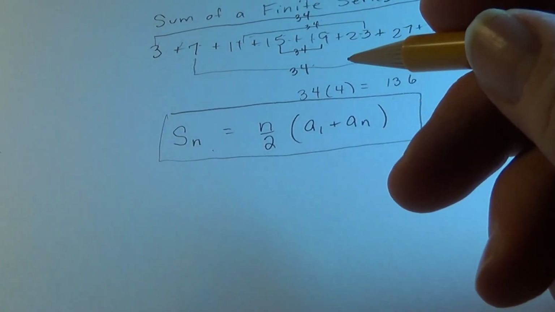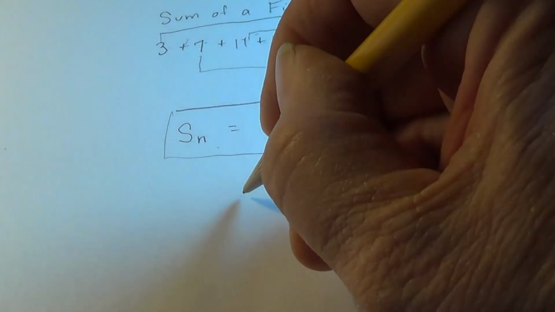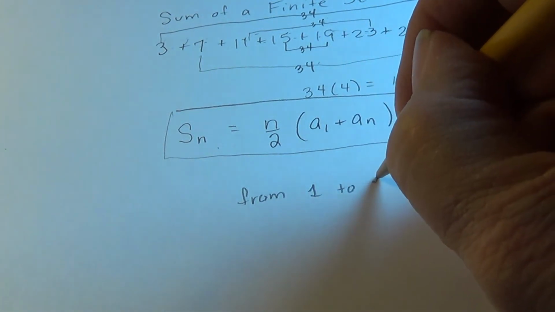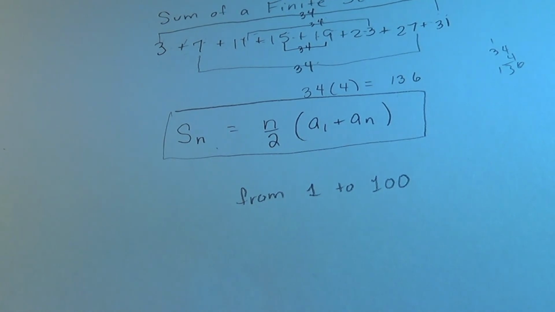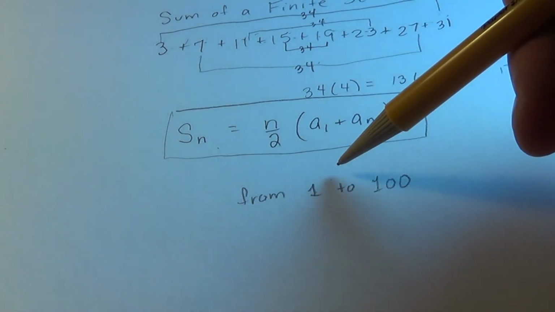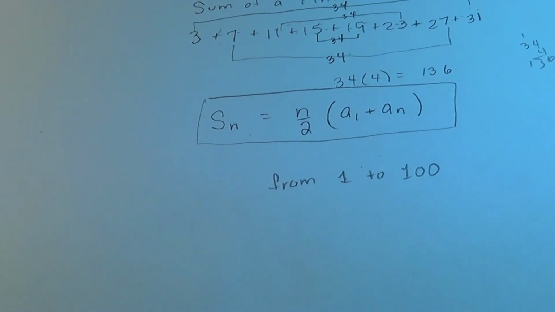Let's say that I want to add all the numbers from 1 to 100. I've been wondering about that. What do all the numbers from 1 to 100 add up to? So I'm going to add 1 plus 2 plus 3 plus 4 plus 5, etc. until I reach 100.